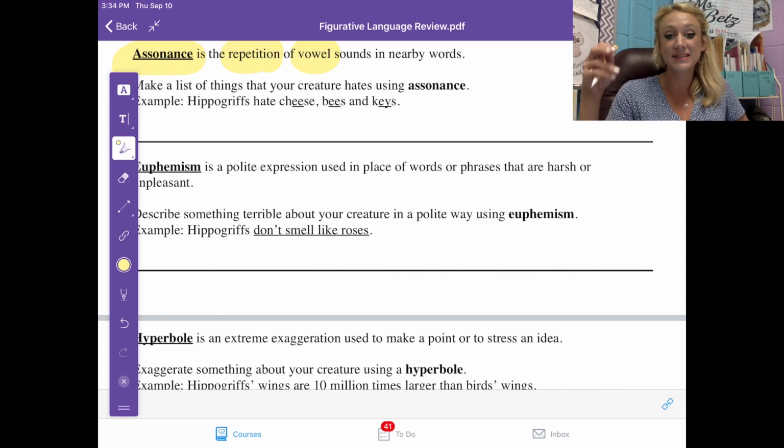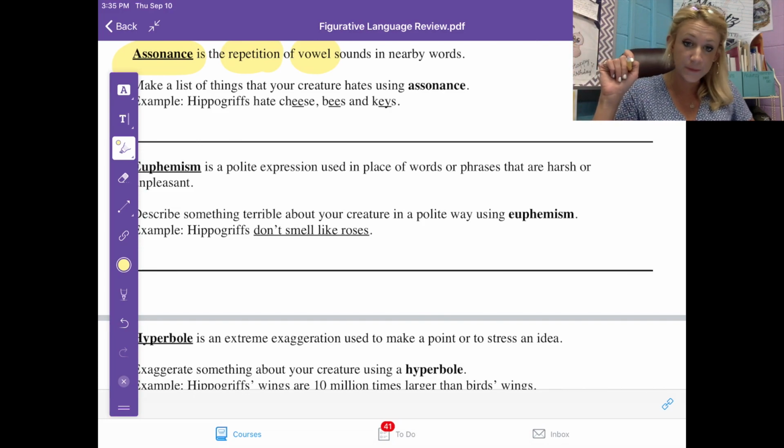These all have the same vowel sound. Cheese, bees, and keys. So when an author writes a sentence or a phrase and there are a lot of words near one another that have the same vowel sound, this is on purpose. This is a figurative language technique that is called assonance. And this is probably, like I said, new to us this year.